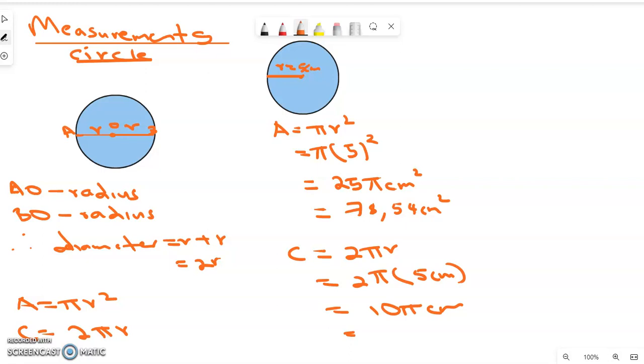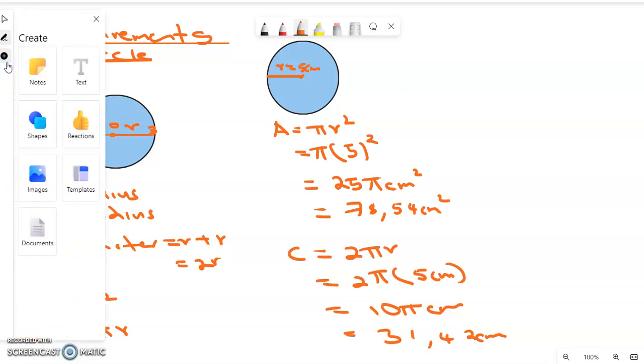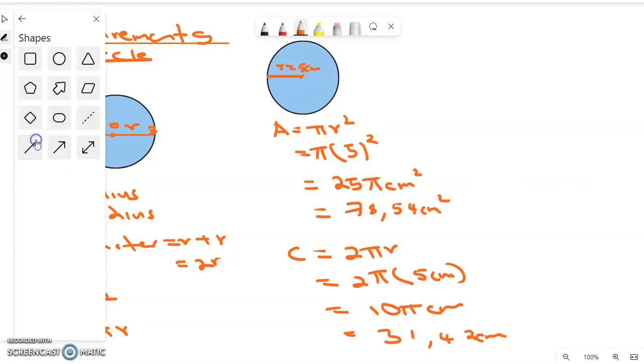And we can convert that answer to a decimal. So it would give us 31.42 centimeters.